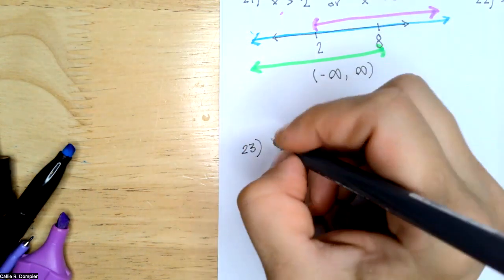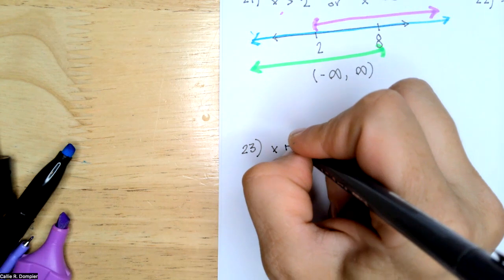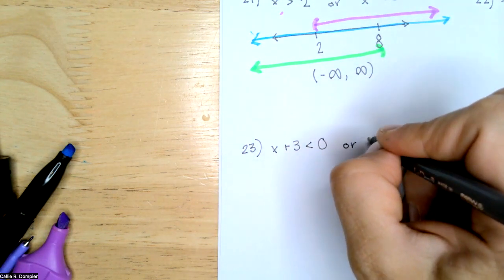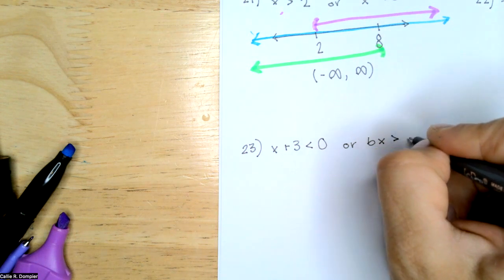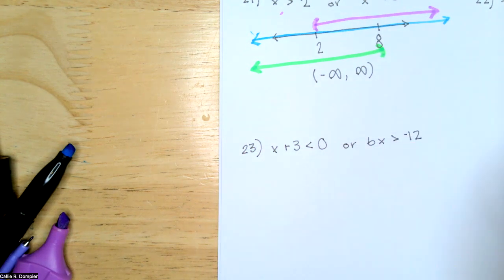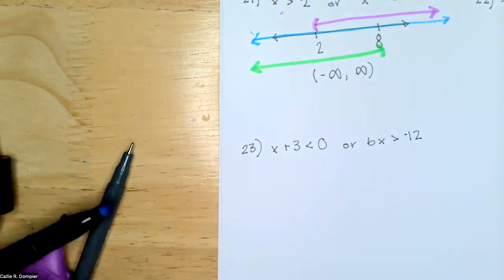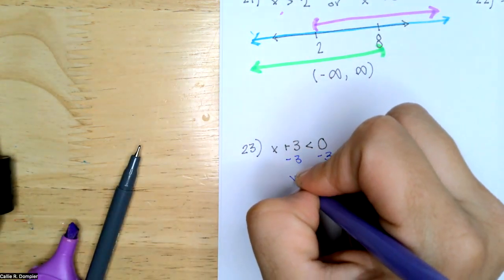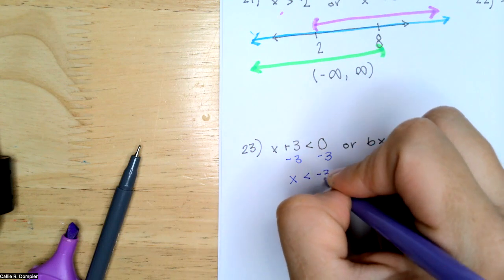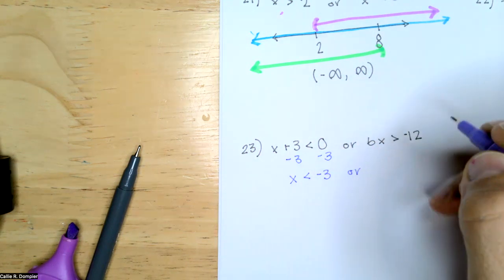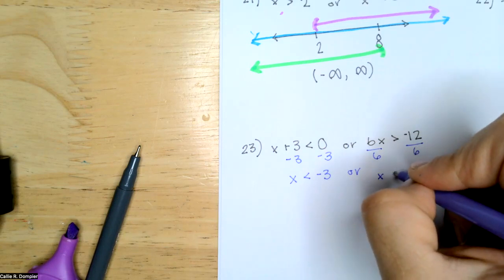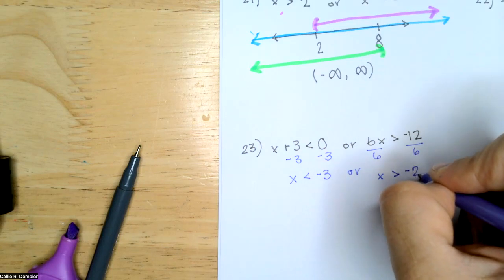Problem 23 is x plus 3 less than 0 or 6x greater than negative 12. Subtract 3, x is less than negative 3 or x greater than negative 2.